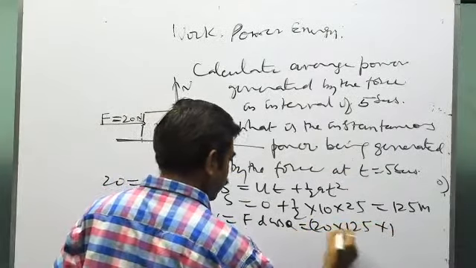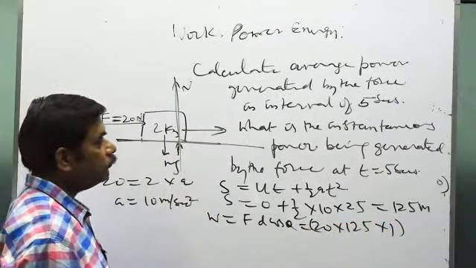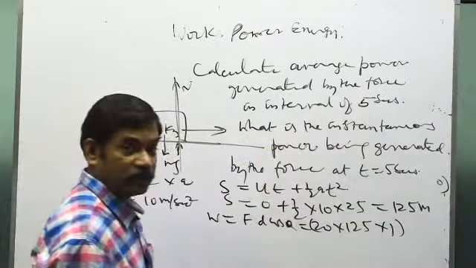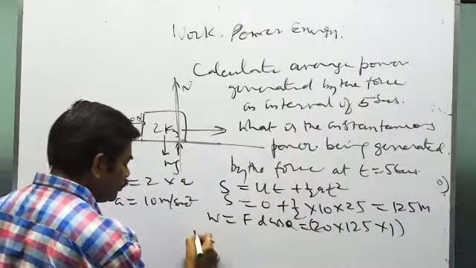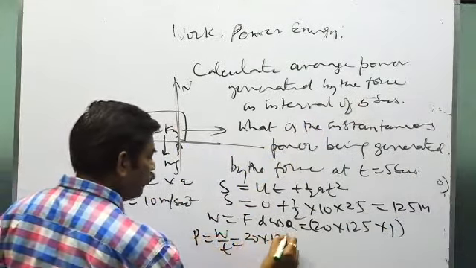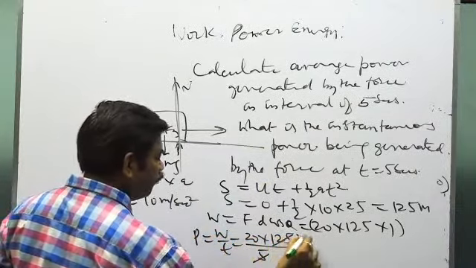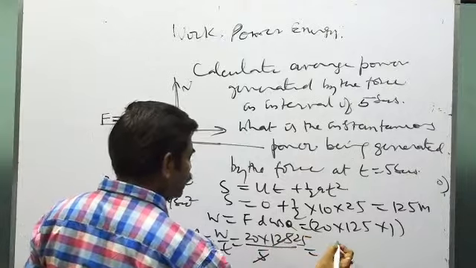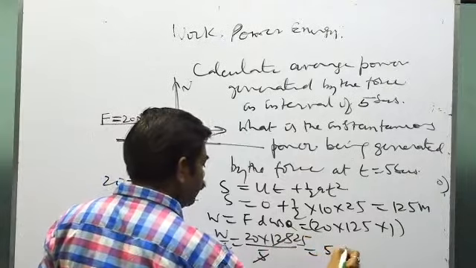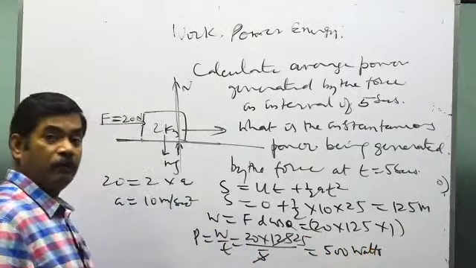This is the work done, and this work is being done in 5 seconds. So how much is the power P? W by t, that is 20 into 125 divided by 5. So that becomes 25 into 20, which is 500 watts.